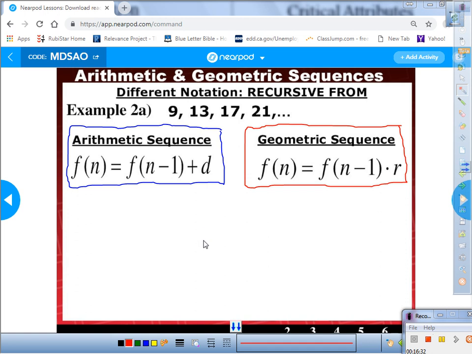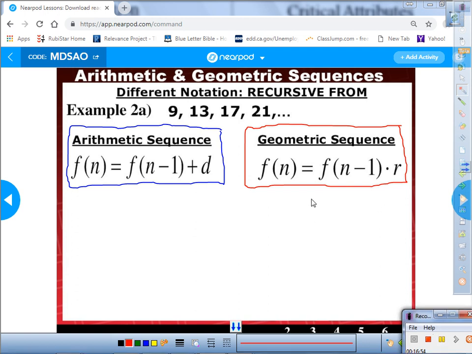First copy those two. Don't copy the top or anything else. Just copy arithmetic sequence, geometric sequence. It should be on your screen also, right? Copy that.